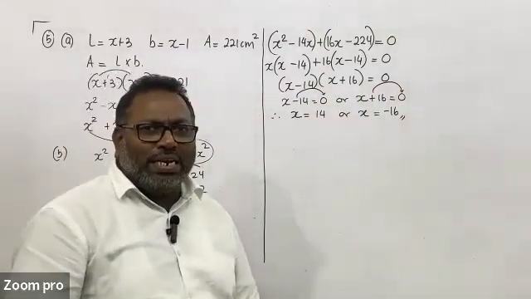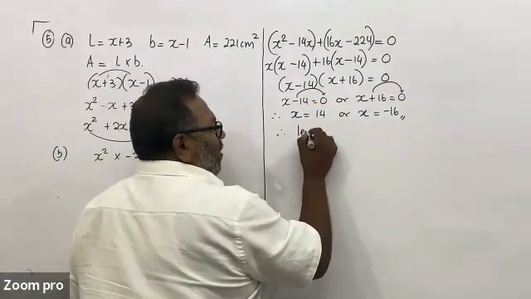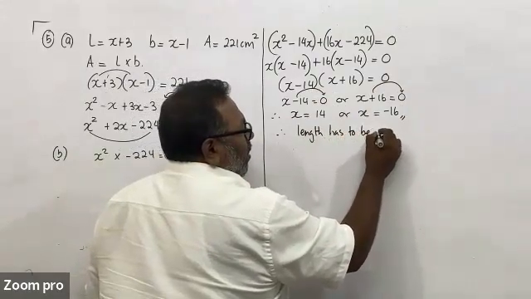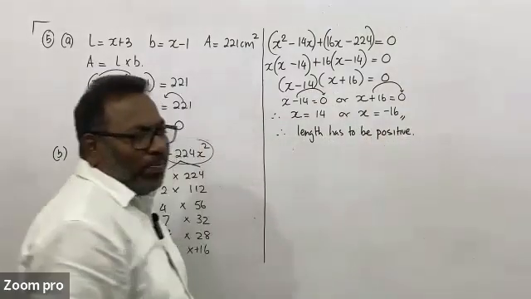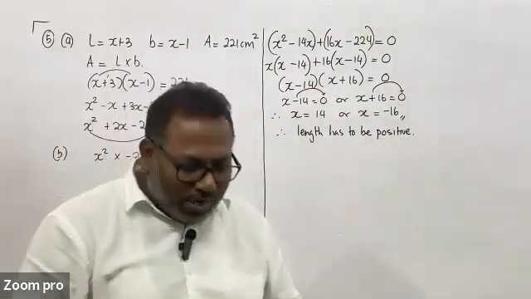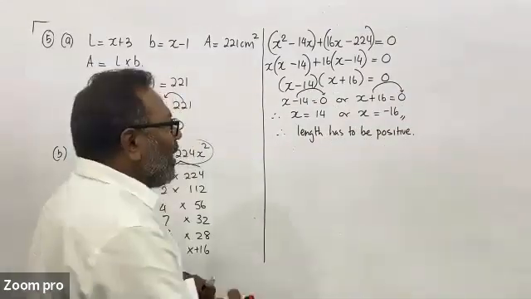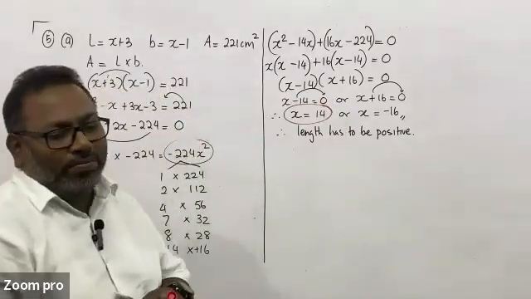Now, since we are dealing with length, length has to be positive. You always have to have a positive value for length. You can't have a negative value for length. So therefore, x is going to be what? x is going to be equal to 14.